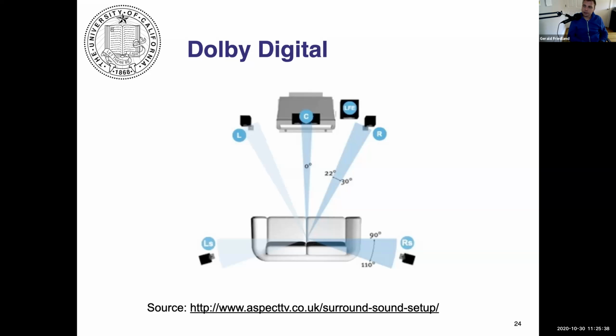The number 5 is the center speaker. That's the speech speaker, because people figured out they actually kind of want to hear people talking in the TV. It's just what it is. And then you have the point 1. The point 1 is usually just a bass speaker that gives you sort of oomph. And it's called point 1 because it only takes a small frequency range, and you cannot locate it.